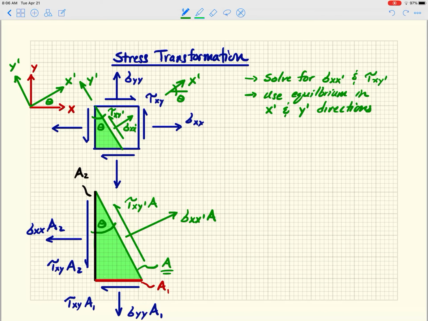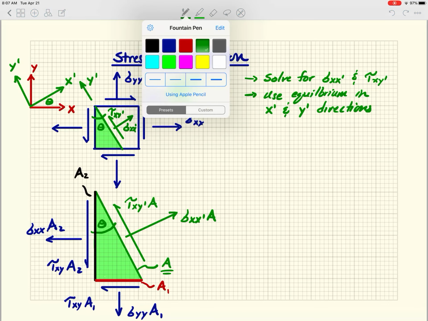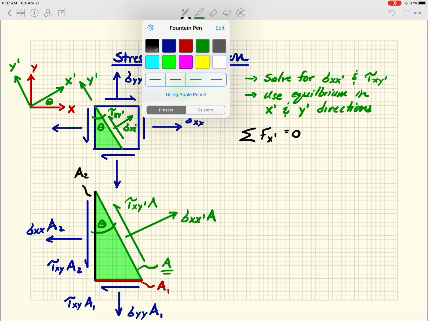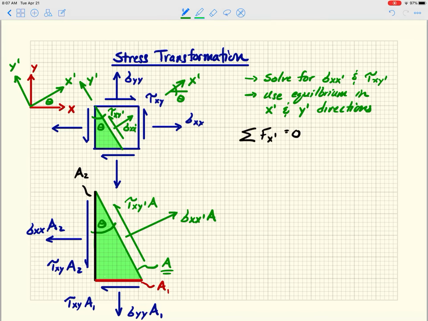Okay, sorry, I shut my notes down by accident. Okay, here we are. I'll do it in black. We're going to sum forces in the x prime direction, and those have to equal 0.